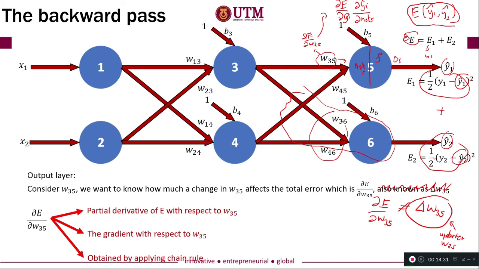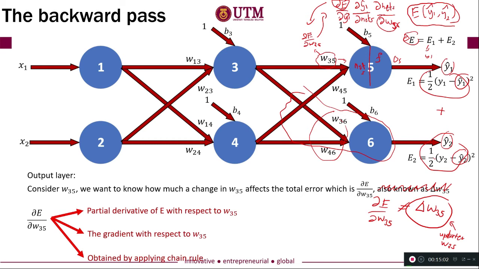Now of course, the numerator of another del there should be del net 5, and then the denominator should end up with your del W35. Because this one and this one end up together to produce your del E over del W35.